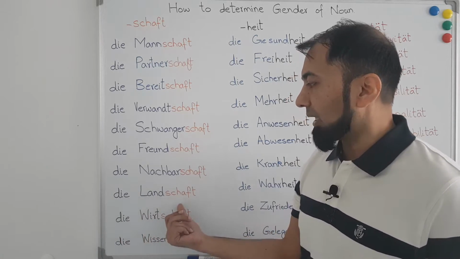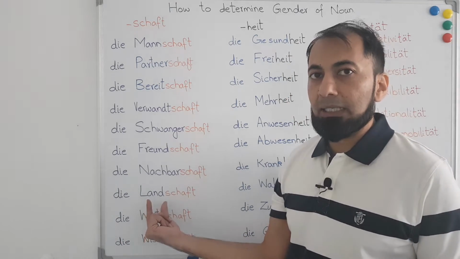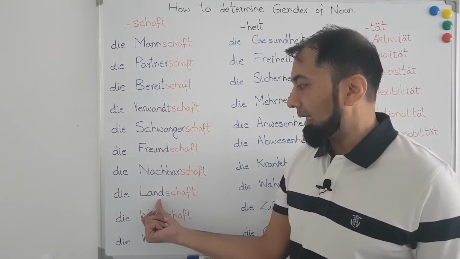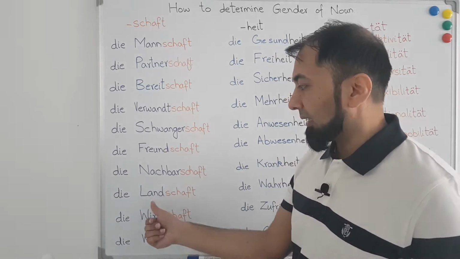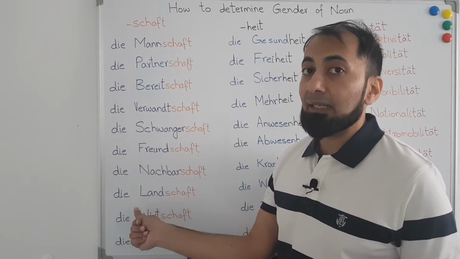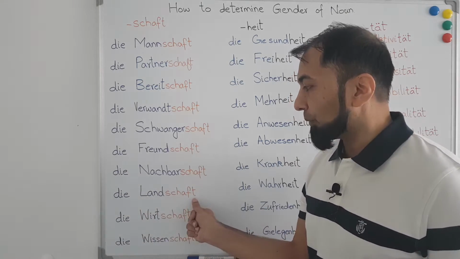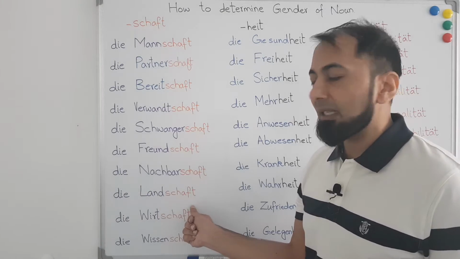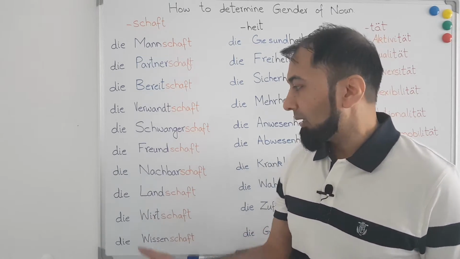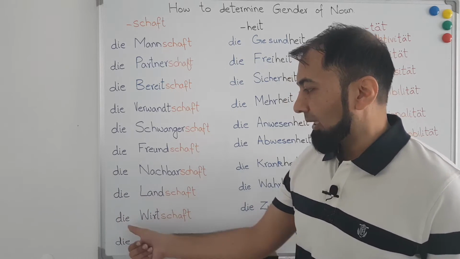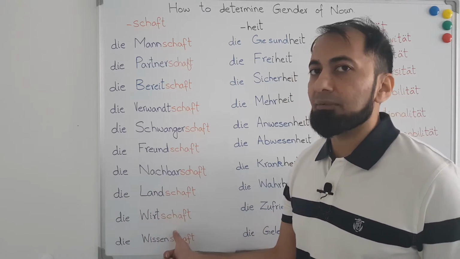Die Landschaft. The first part is called Land, and it means land or country. It's a neuter noun, it has article das, but if you put the -schaft suffix at the end, it will become Landschaft, which means landscape. Die Landschaft. Die Wirtschaft.